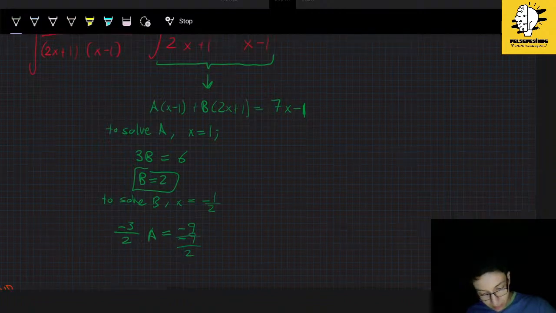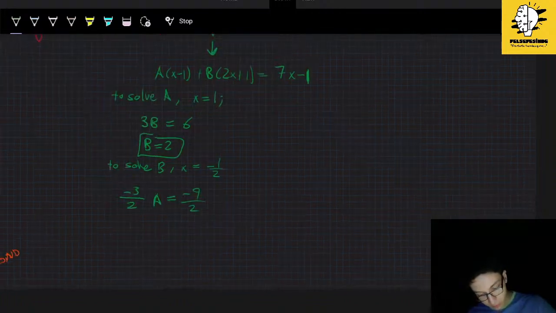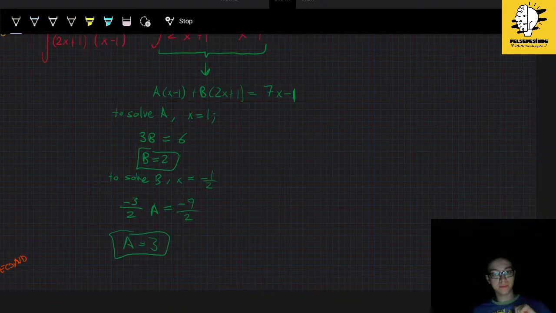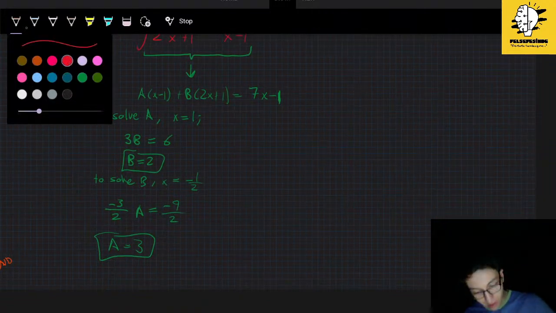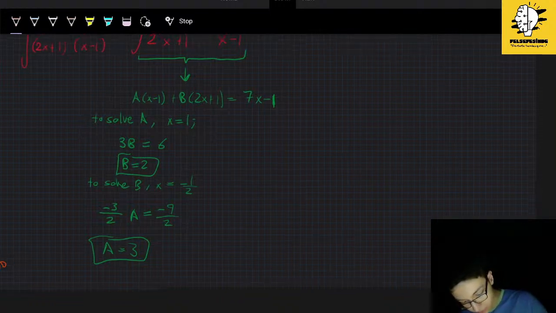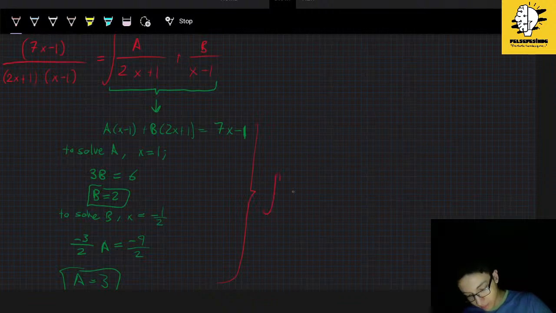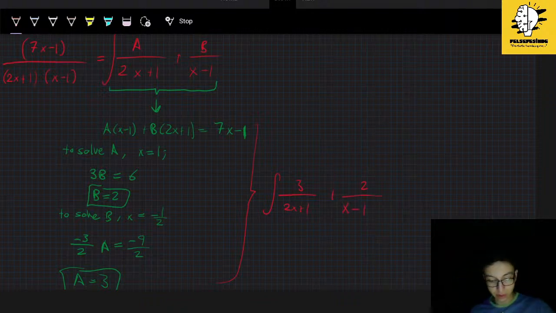I'm just substituting negative 1/2 into the equation, and therefore my a will be equal to 3. So after knowing all those things, my equation was in fact 3 over 2x plus 1, plus 2 over x minus 1. Is this right?